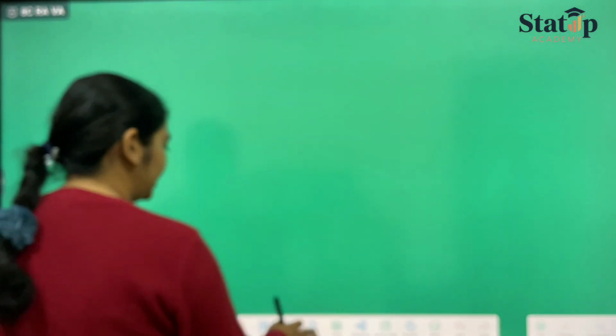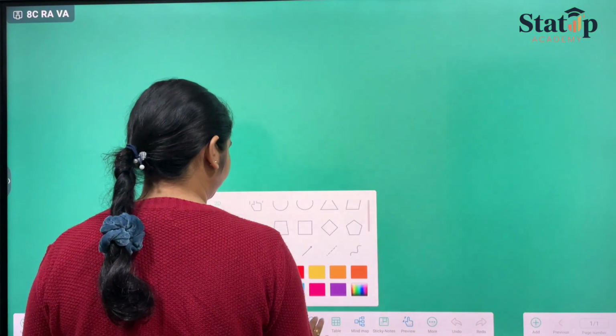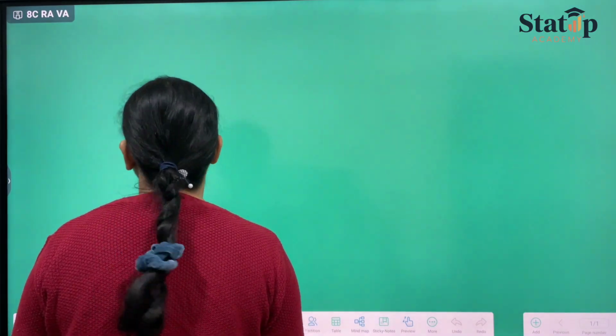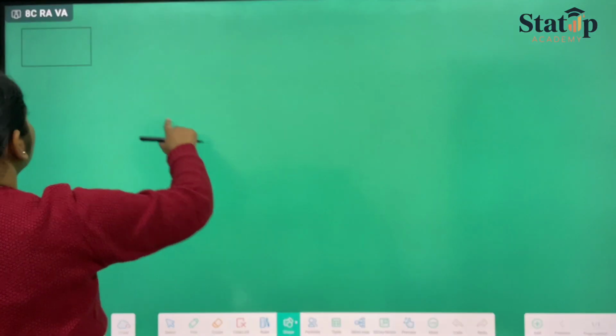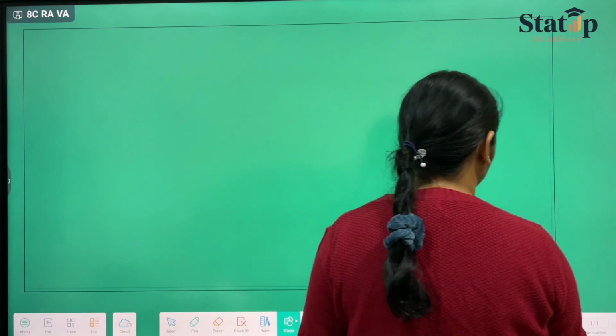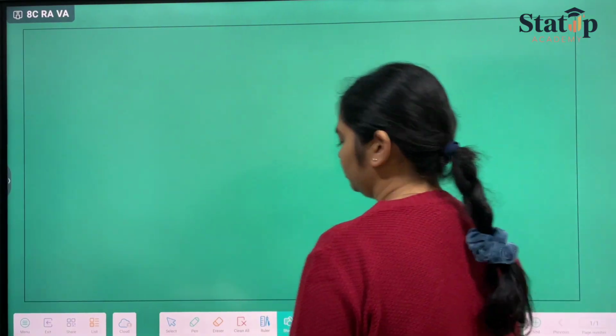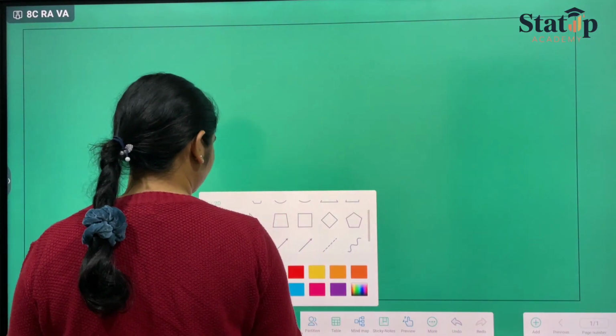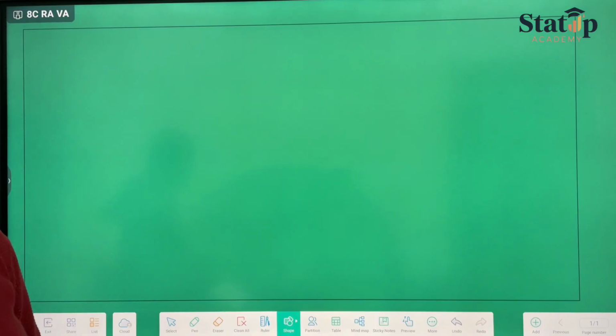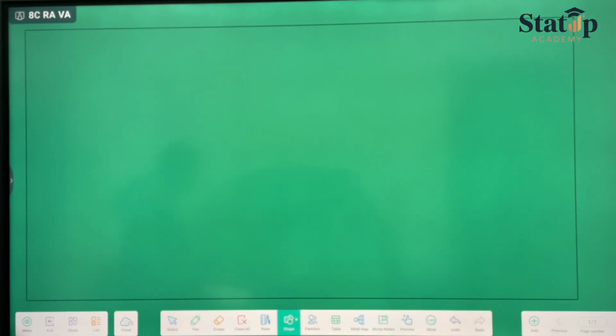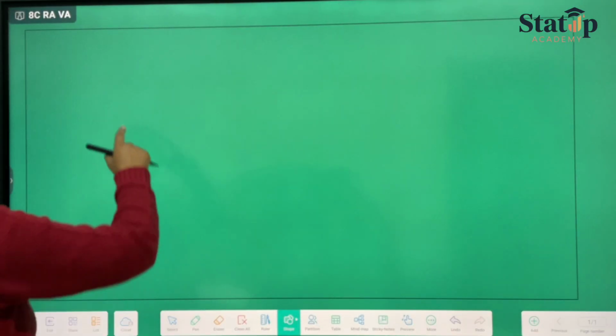So we have been given a table. Let us draw the table first. There are 25 points.